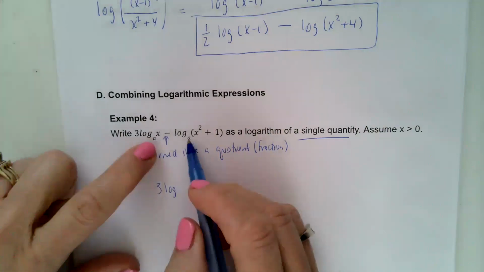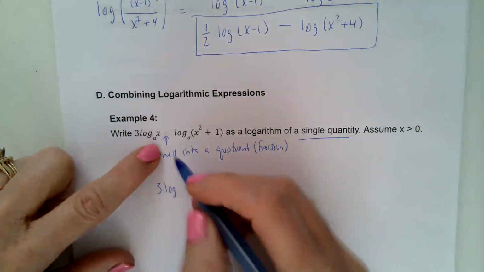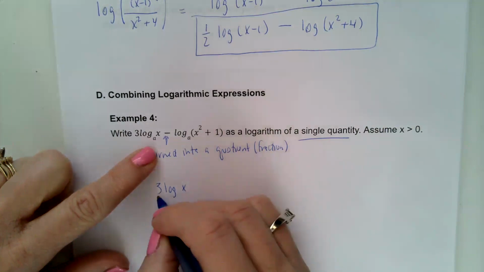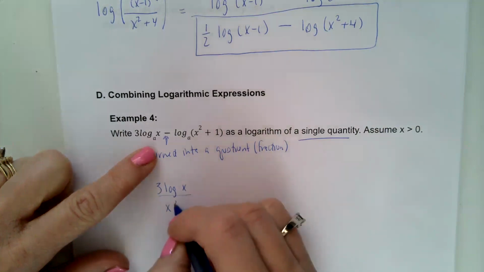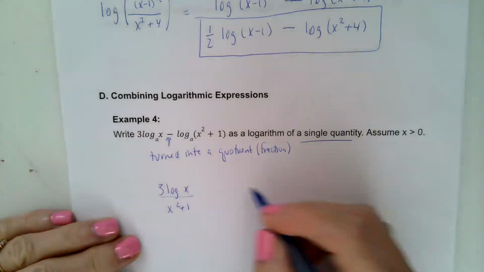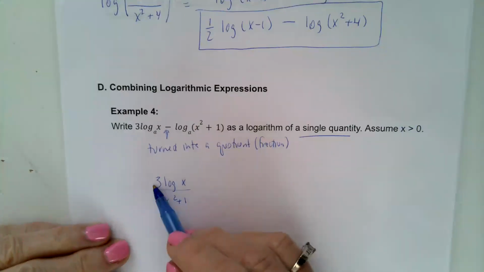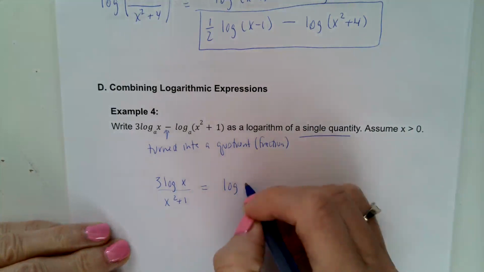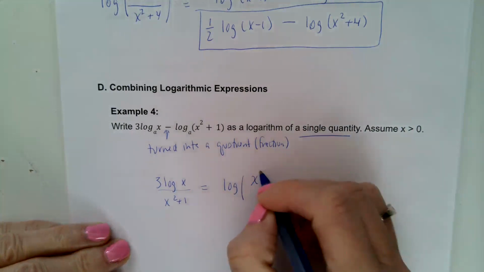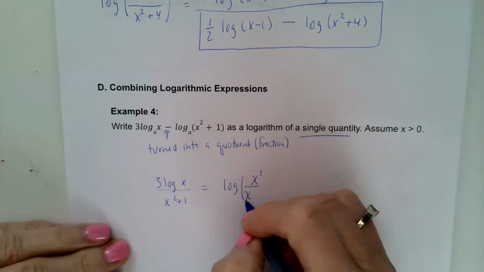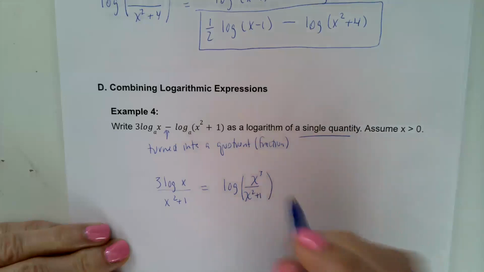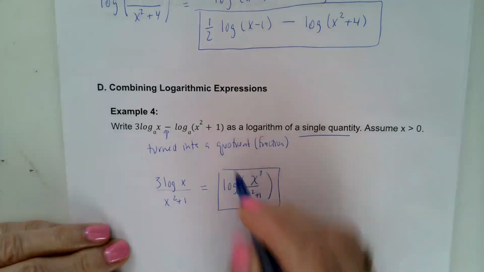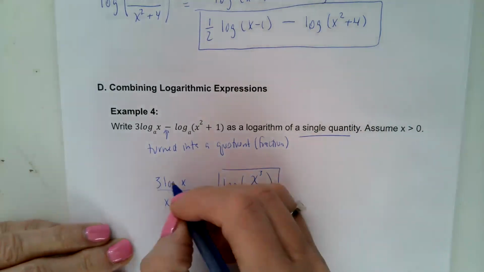They have to be the same base, and they are both base a. And then that 3, because it's out in front, really gets rewritten as an exponent. So this is really the log of x cubed over x squared plus 1. And it's log base a. We have to make sure that we acknowledge that it's base a here.